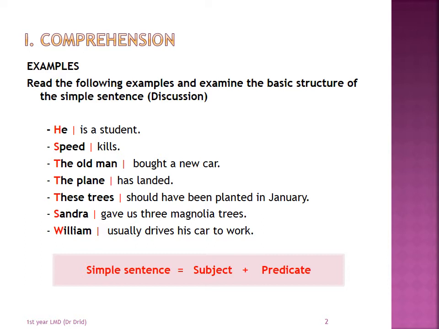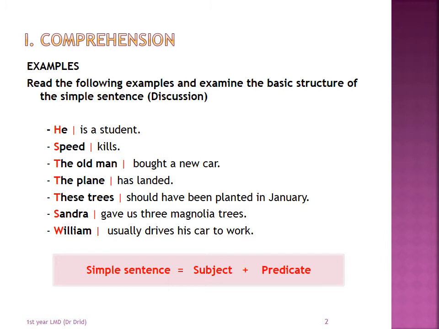These trees should have been planted in January. So these trees then should have been planted in January. Sandra gave us 3 magnolia trees. We are speaking about Sandra. Then we are saying, gave us 3 magnolia trees. William usually drives his car to work. William is the subject and usually drives his car to work.